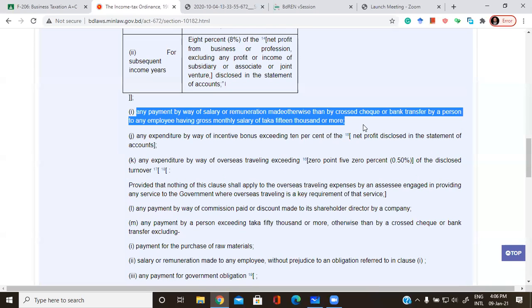Anyone? So in this process, the bank actually collects the revenue, or the person taking the salary becomes familiar with the banking system.